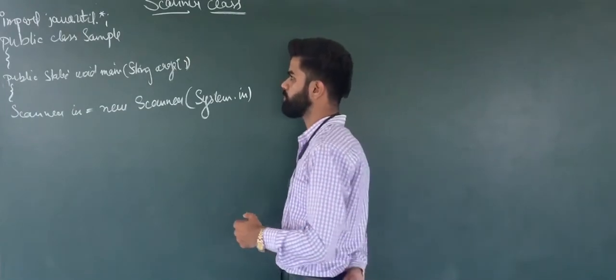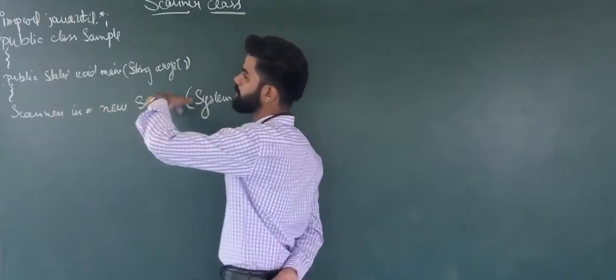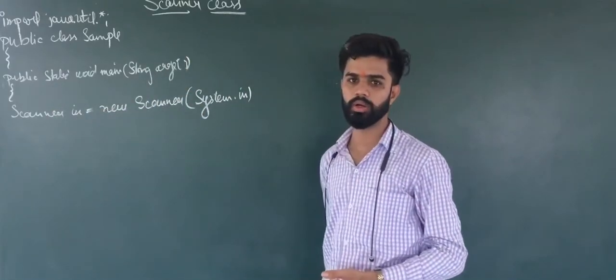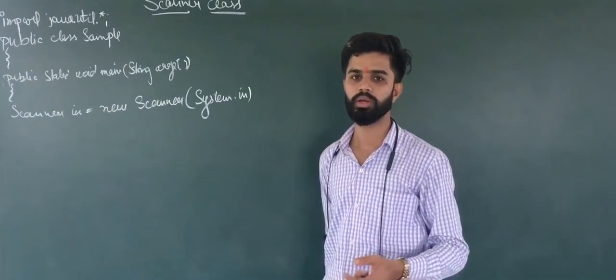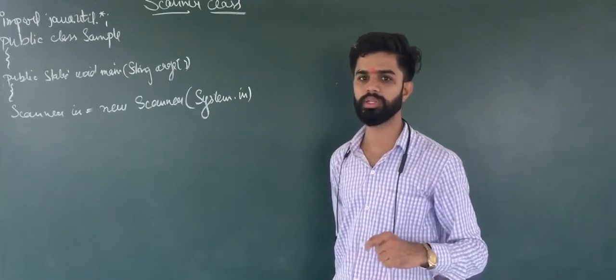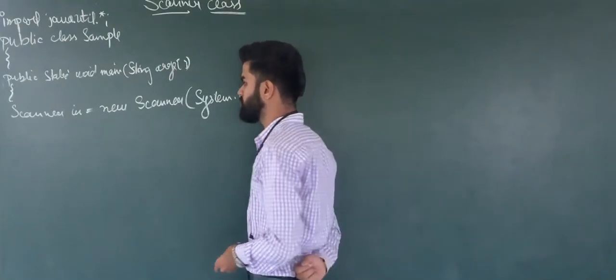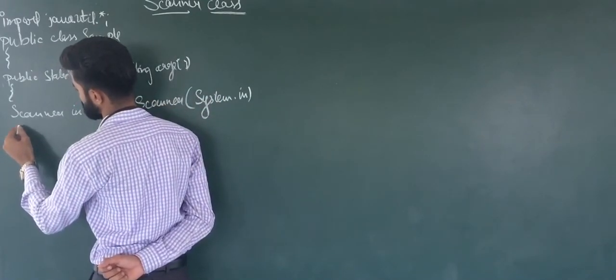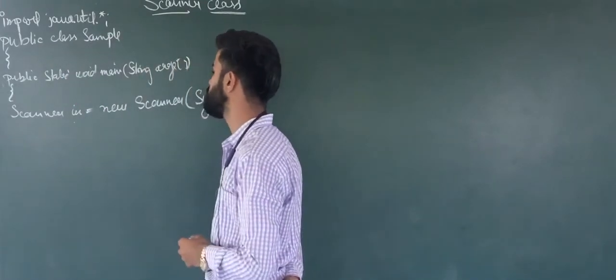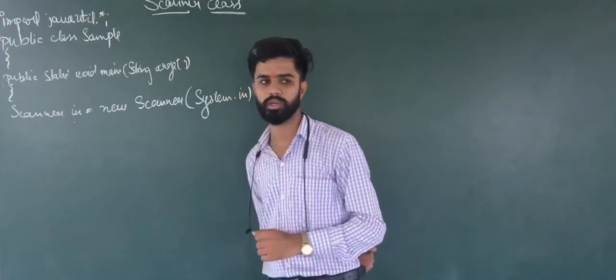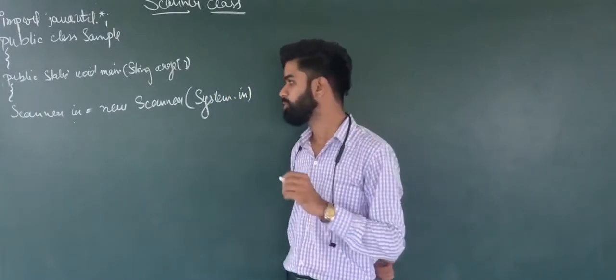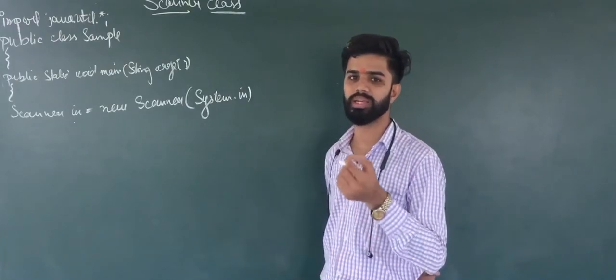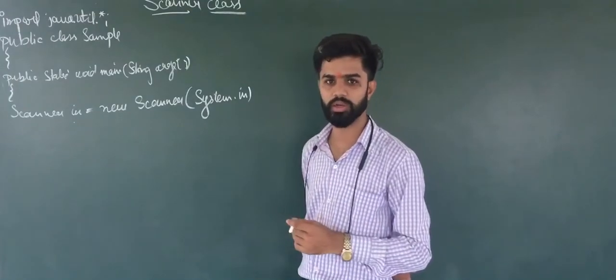So now first of all we are going to write our program using integer type. So Scanner in equals to new Scanner(System.in). Just because of this statement, we can initialize values according to the Scanner class.